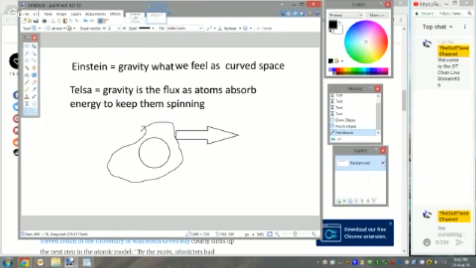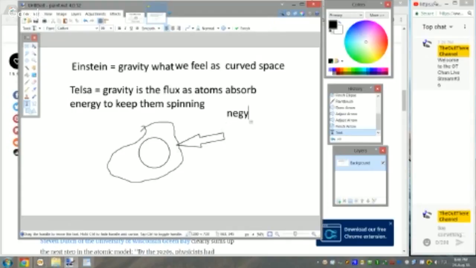So it's getting this mystery energy. So the energy is being absorbed all the time into the atoms.